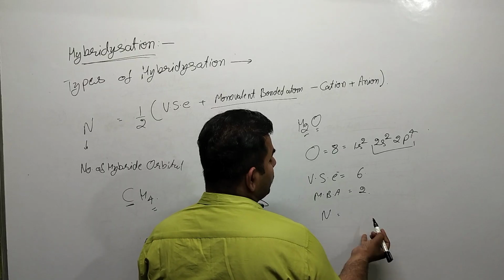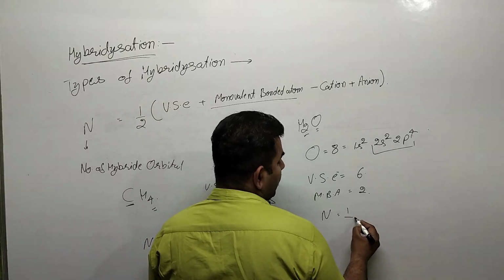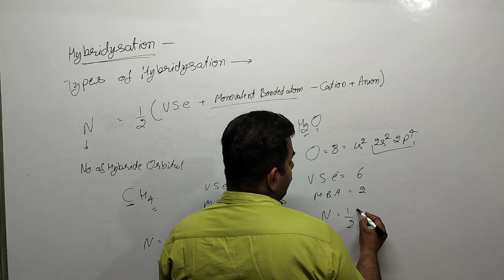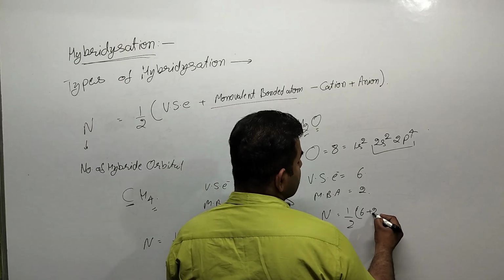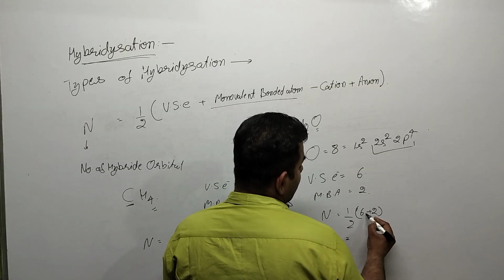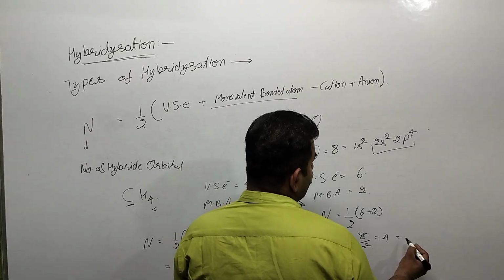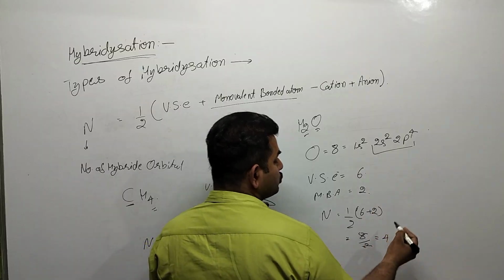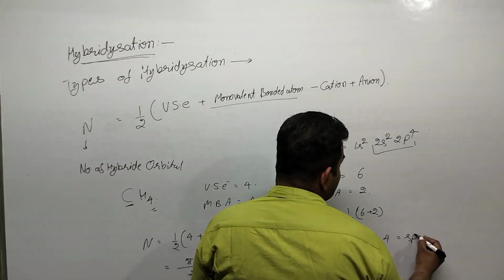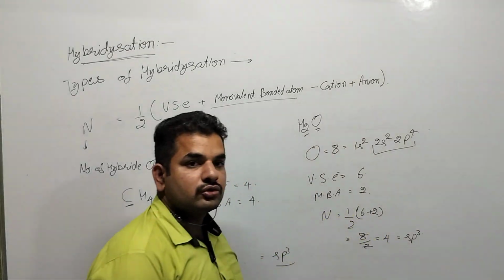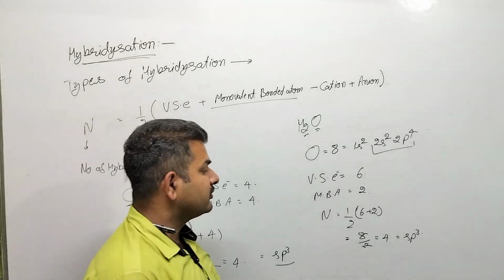So the number of hybrid orbitals is 1 by 2 into 6 plus 2, that is 8 by 2, meaning 4. That means in water, oxygen also has sp3 hybridization.